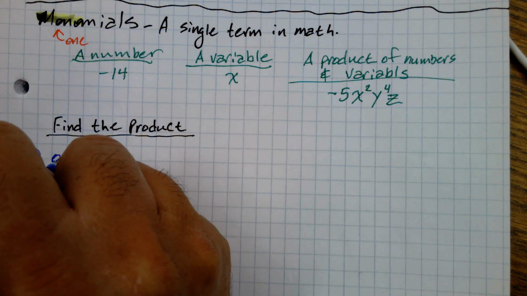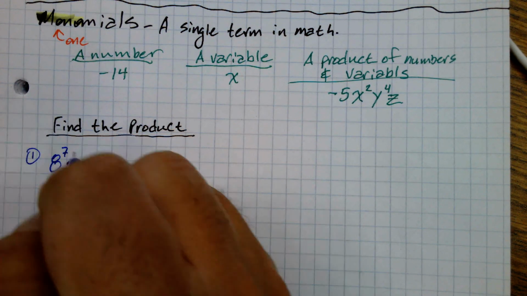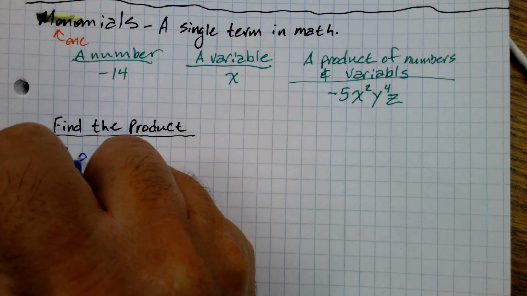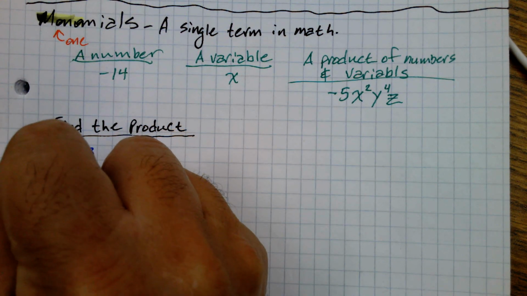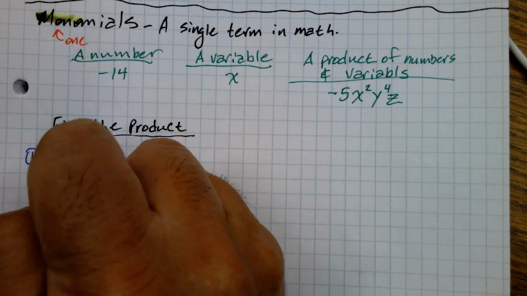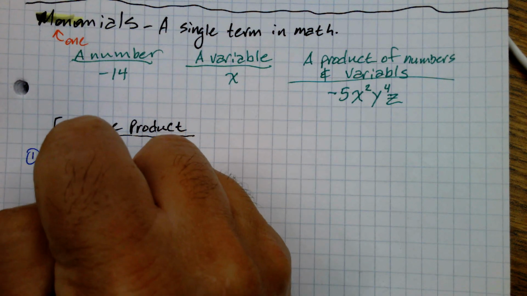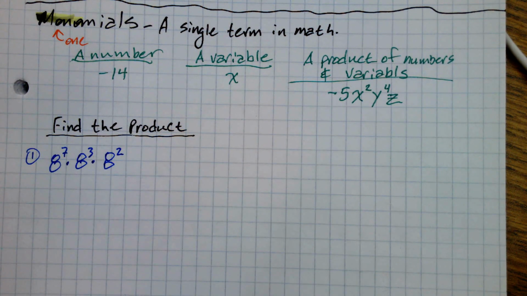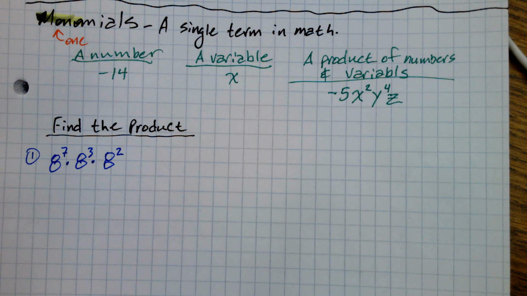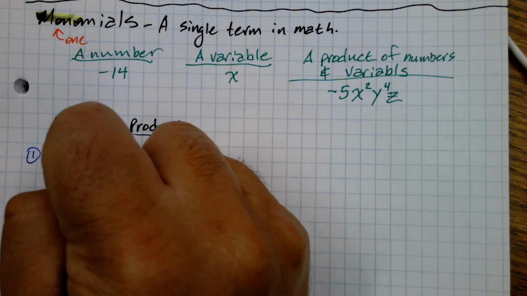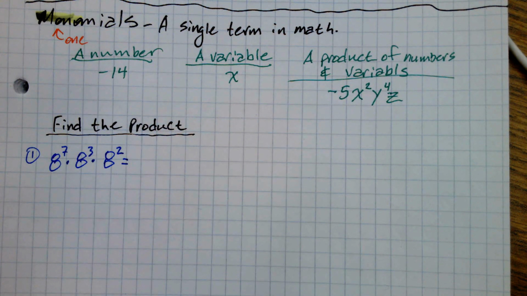We've got 8 to the 7th times 8 to the 3rd times 8 squared. Bunch of 8s. And we want to simplify this down to some answer.